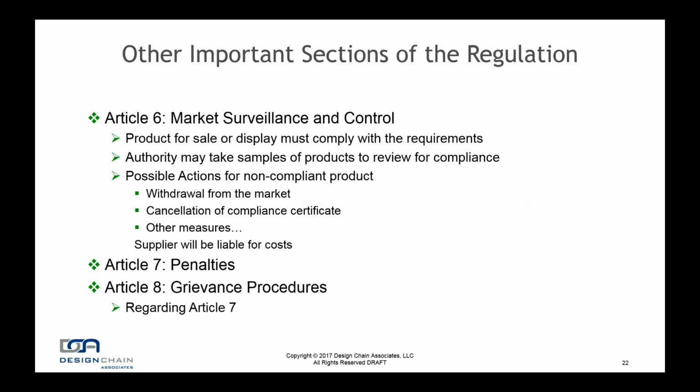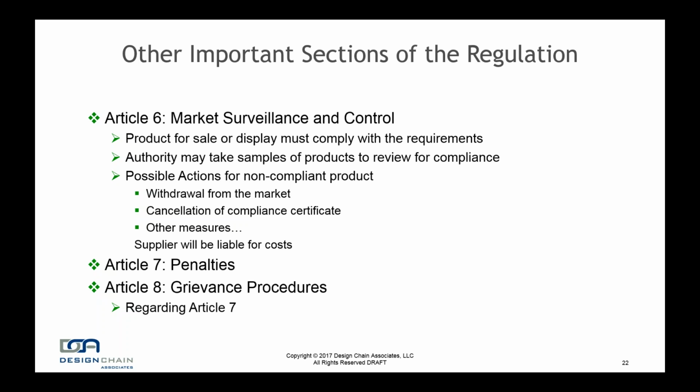Other important sections of the regulation: there is Article 6, market surveillance and control. Product for sale or display must comply with the requirements. Authorities may take samples of products to review for compliance. There are possible actions for non-compliant product, which are what you would expect: withdrawal from the market, cancellation of compliance certificate, and, quote, other measures, unquote.